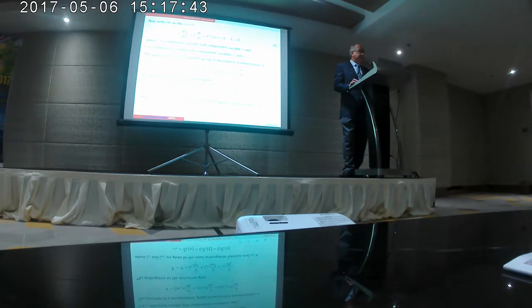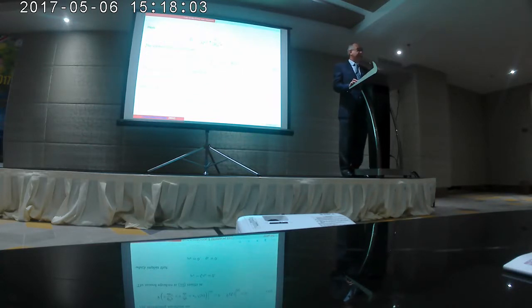The prolongation of the derivatives gives this, where zeta xx are the usual prolongation formulas, and w_x is given by this formula, and dx tilde is given by that. So the determining equations are given by these two.